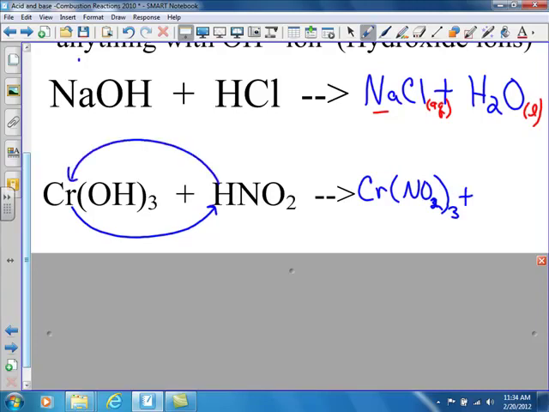Hydrogen kicks out that, and I get H2O. Now, this one, we would actually need to go back and balance a little bit. I'm not going to spend time doing that. You should always balance equations, and we're not balanced right now. Okay? But again, this chromium 3 would be aqueous. This water would be liquid water.